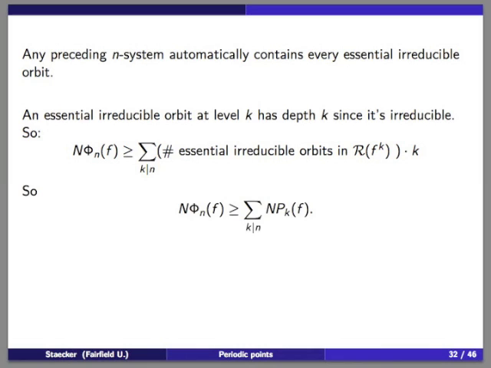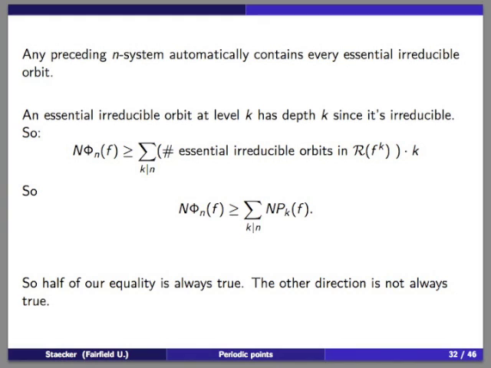But that actually is npk, right? That's the definition of npk. So what that means, n phi n is always greater than or equal to the sum on the right there. So half of this equality that I wanted is automatically true. The other half is not true. So it's not always true that they're the same. But the n phi n is always greater than or equal to the sum.